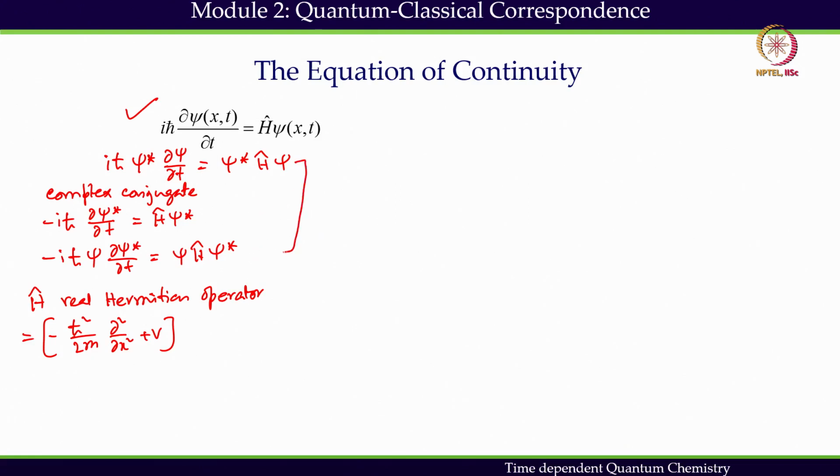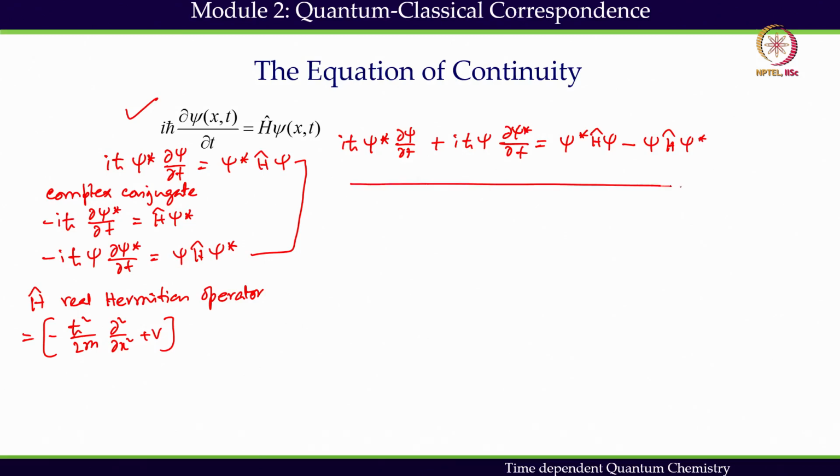So this one will be subtracted from this one, and we get i h cut psi star dpsi/dt plus i h cut psi dpsi star/dt equals psi star H psi minus psi H psi star.